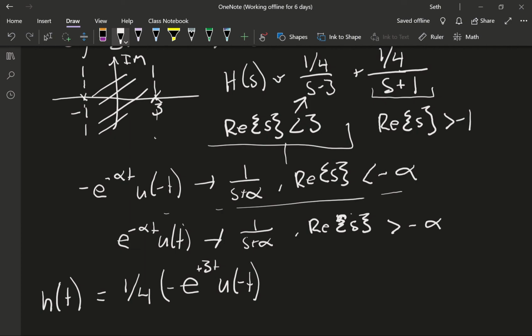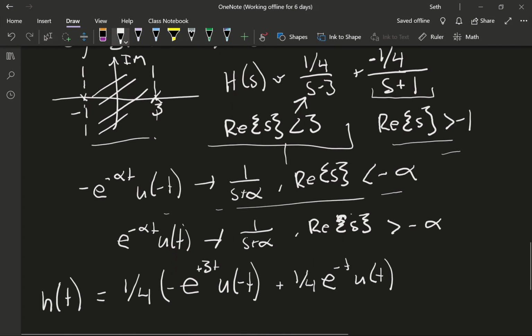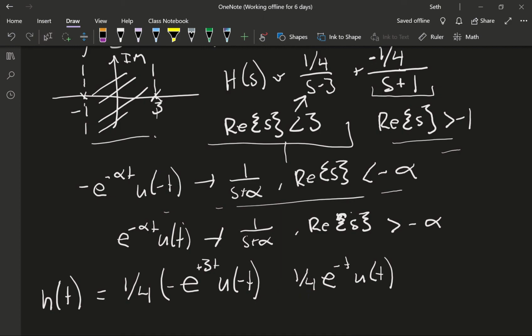If we put that in here, we'd get real part of s greater than -1. That meets our condition here and here, so we get plus 1/4 e to the minus t, because alpha is 1, u(t). Sorry, I missed a negative sign right here. That was -1/4, so when we bring this down, it will be -1/4 here as well.